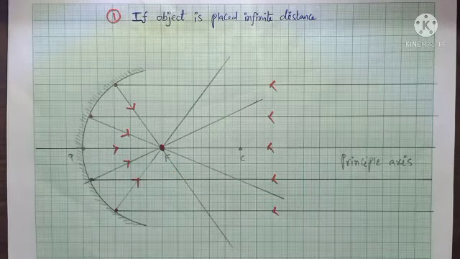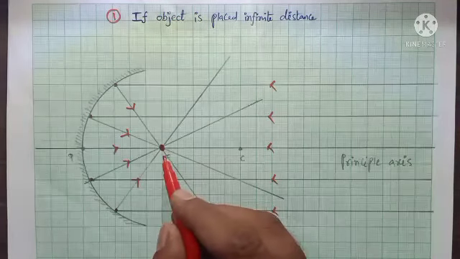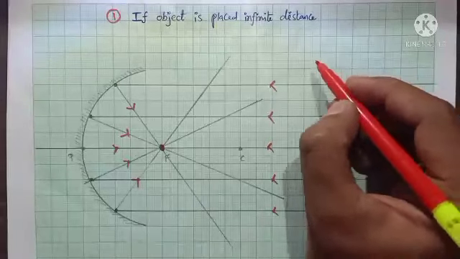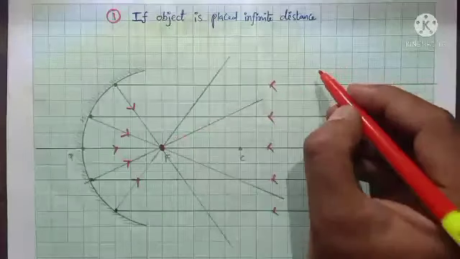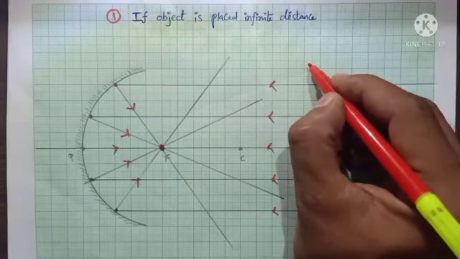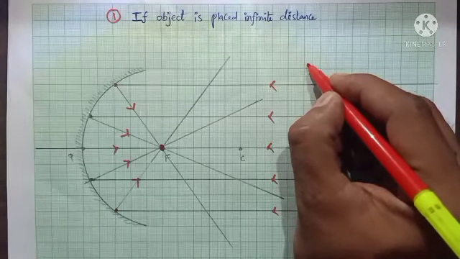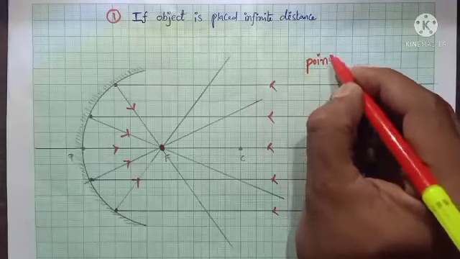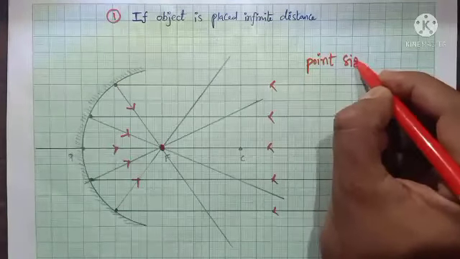So we can conclude that whenever an object is placed at infinity distance in front of the concave mirror, the image will form at the focus, and the size of the image is very small. It is almost a point size image.